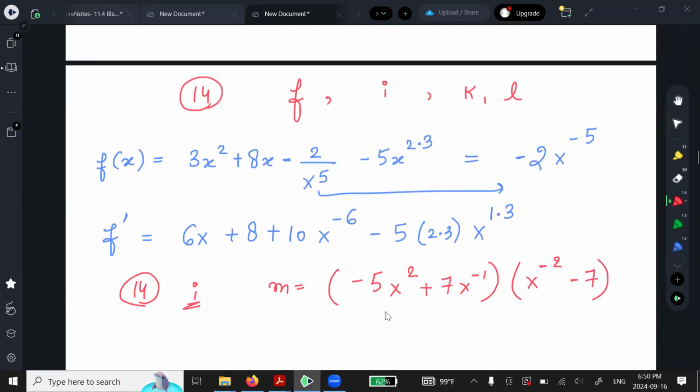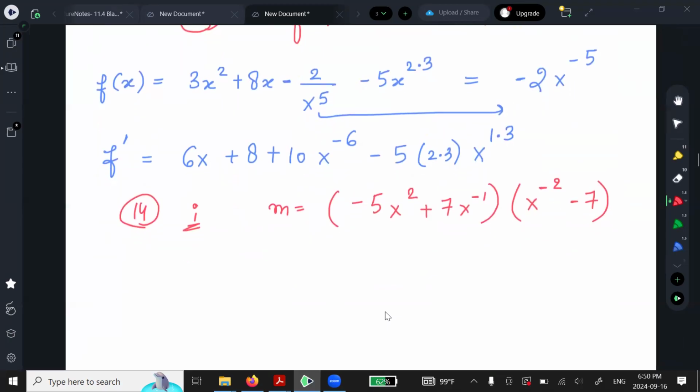Good? All I did, I made the 1 over x square a negative 2. How many know that we will apply product rule here? Exactly. How many can apply product rule? What is f prime? What is g prime? What is f prime?